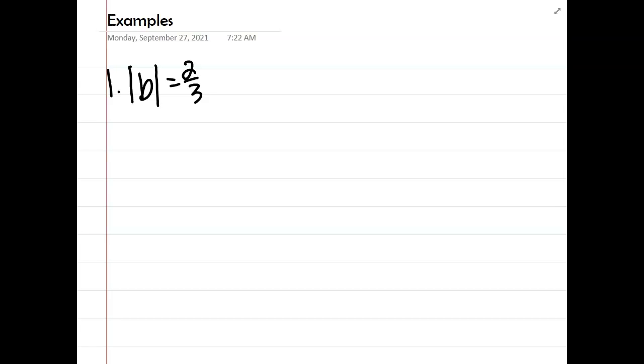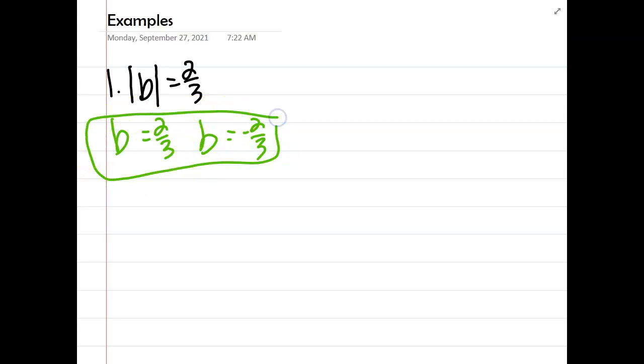Or another way of asking that, if I start at 0 and take 2/3 of a step, where could I end up? 2/3 or negative 2/3. Whatever's inside those absolute value bars has to be 2/3 or negative 2/3. Now in this case, it's just b. So b could be 2/3 or b could be negative 2/3.